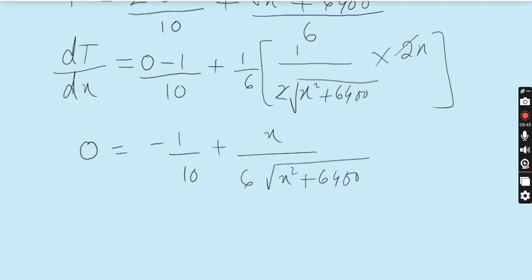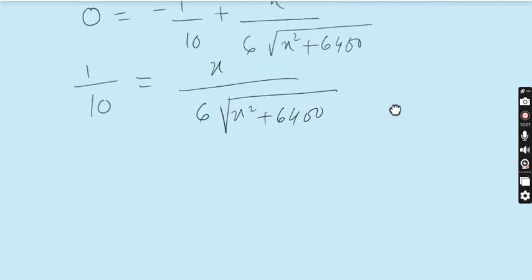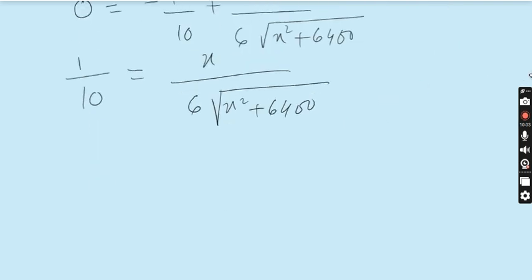Move this minus 1 upon 10 to the other side. It will be 1 upon 10 equals x upon 6 square root of x square plus 6400.